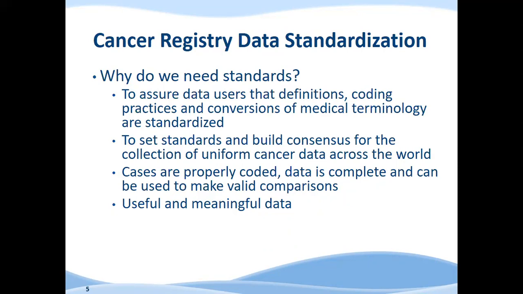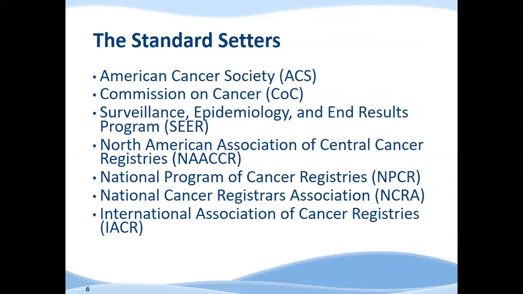Okay, and in order to do this, the professional and standard setting organizations need to work together to develop uniform data standards for cancer registry for both hospital and population-based registries. This is the list of the standard setting organizations of the cancer information management profession. You will learn more about each of these in this course, as well as other courses within the CIM program.